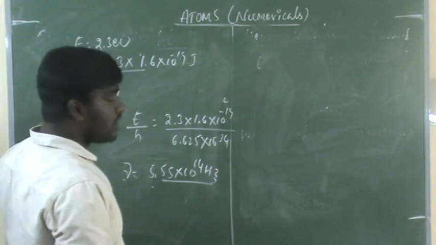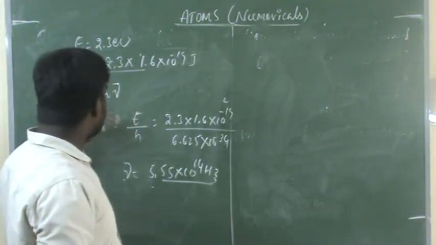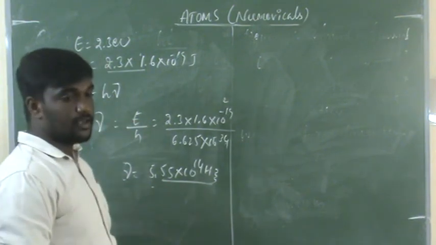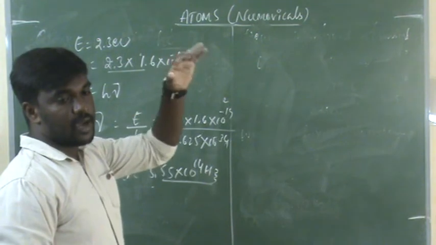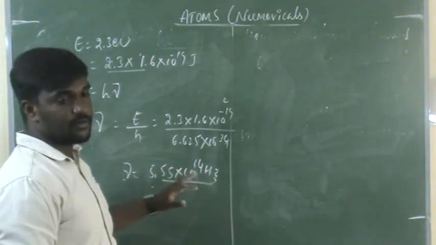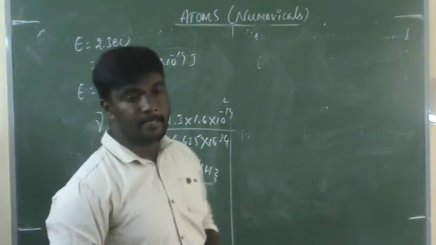Substitute that value and calculate the frequency: E equals h nu, nu equals E by h. So finally we got the frequency when the electron makes a transition from higher orbit to lower orbit, 5.55 into 10 to the power of 14 hertz. Clear? So continue next.